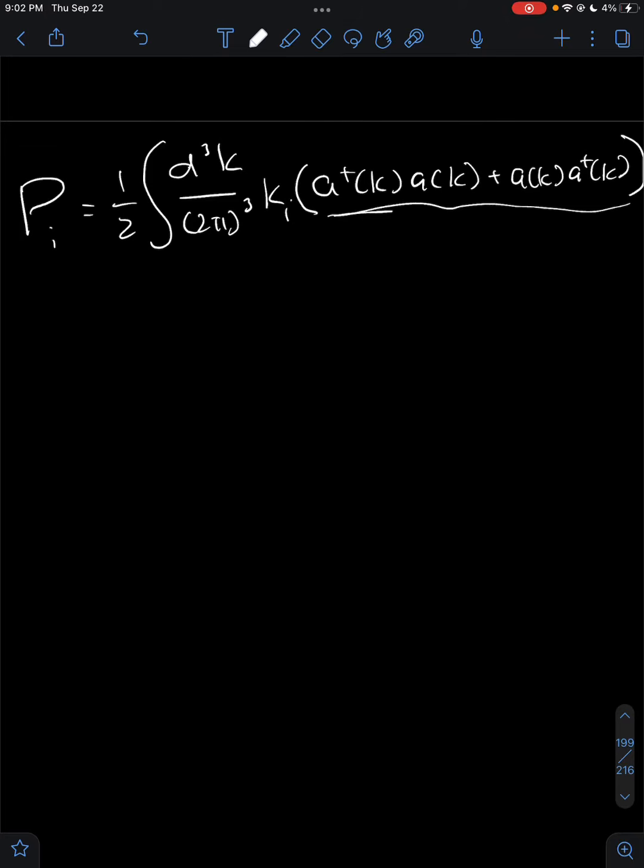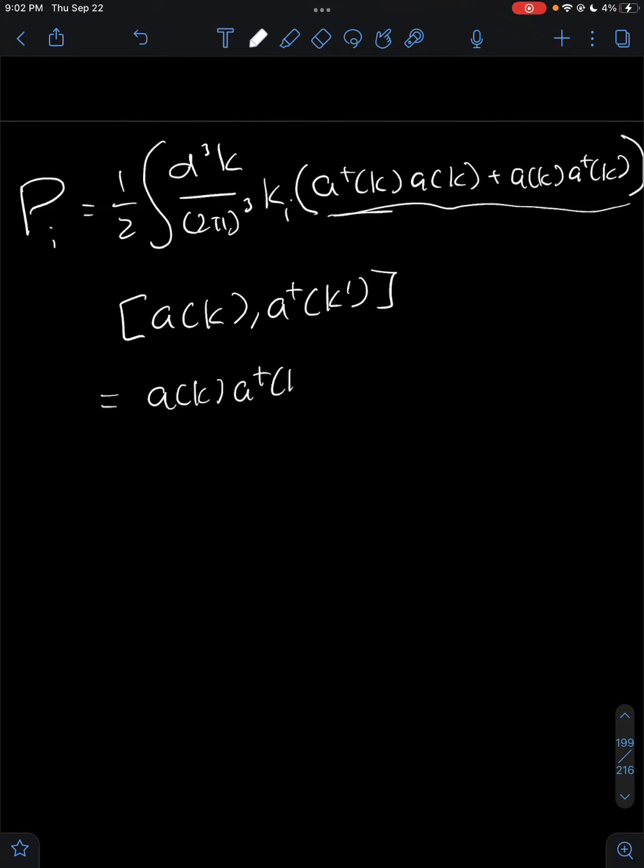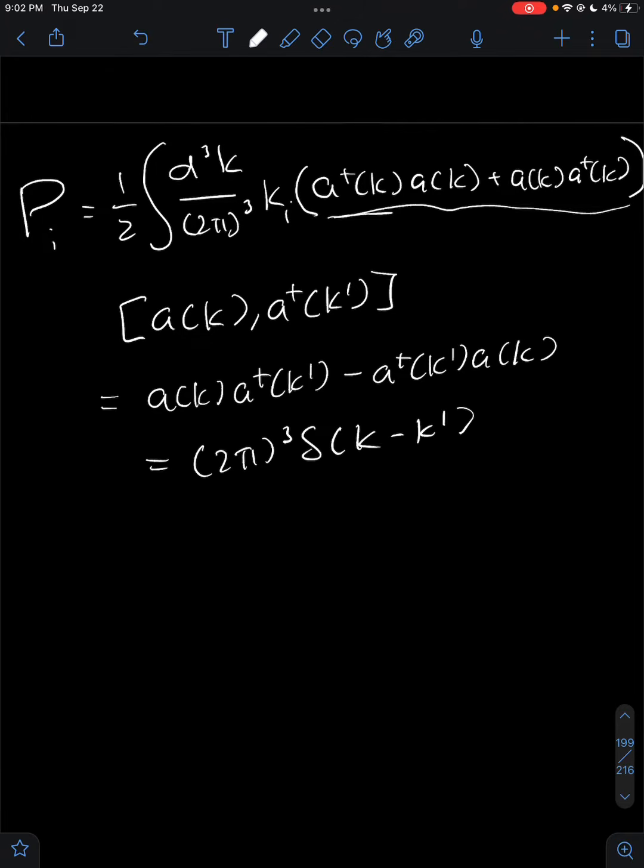So in second quantization, the commutator of A of k and A conjugate of k prime is A of k times A conjugate k prime minus A conjugate k prime times A of k, which equals (2 pi) cubed delta of k minus k prime.